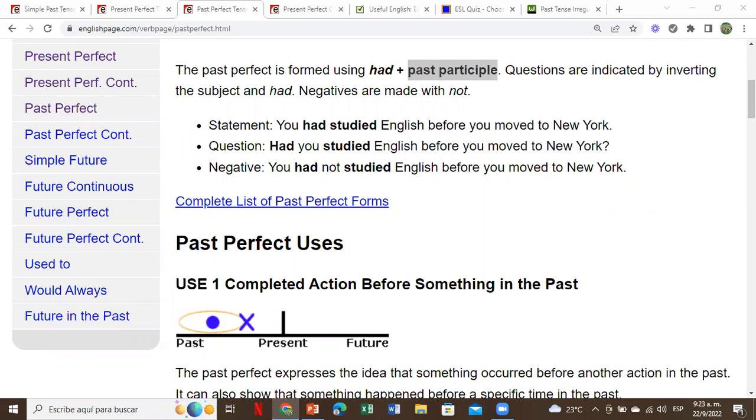Vaya, pasemos a la positiva. Carlos cocinó, pero en pasado. Carlos cooked. Arriba dice, sígame en el chat de Zoom, porfa. Arriba dice, Carlos no cocinó. Carlos didn't cook. Abajo dice que sí, que él sí cocinó. Carlos cooked.